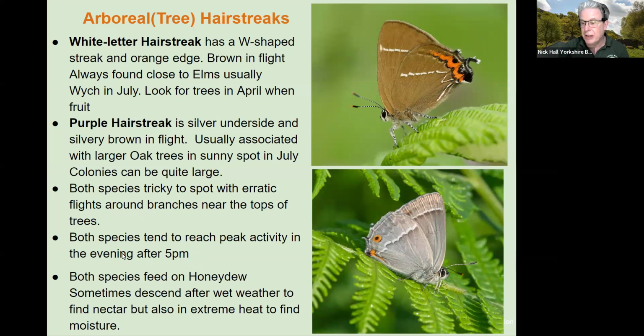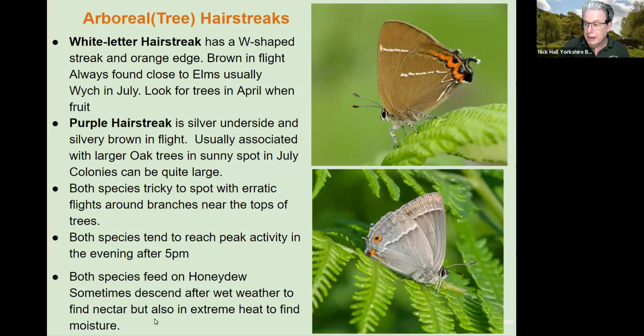Both species feed on honeydew, and the main time you'll see them, which is surprising, is after wet weather, when they come down to nectar, because the rain has washed all the honeydew off the leaves. So they're forced to come down to find food.